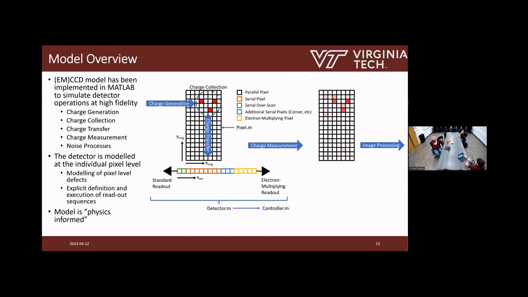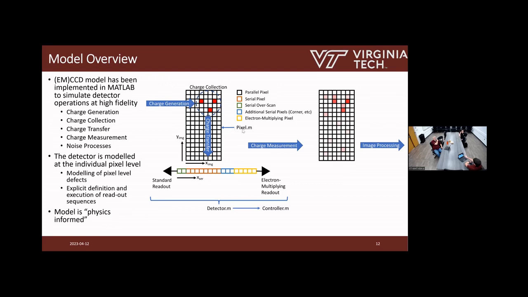Now, in creating this model, the approach we took was to make it physics informed, which is to say it is realistically simulating all these effects. But we're not going in and saying, here's a voltage that we are applying to this pin. Now let's calculate how the electron is accelerated, and let's calculate, does impact ionization occur? Rather, we rely on statistical models to describe this and put it in terms that we can actually measure in the lab. So the diagram on the right is a good representation of how this model works.